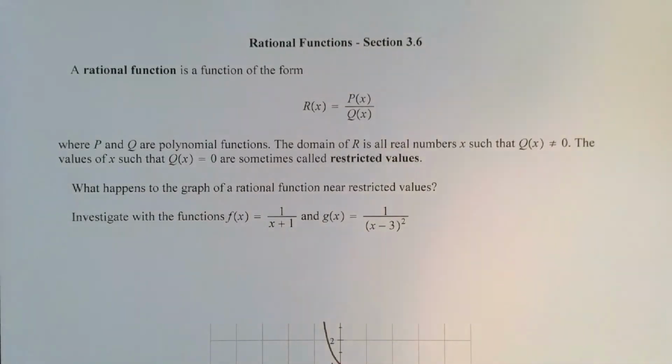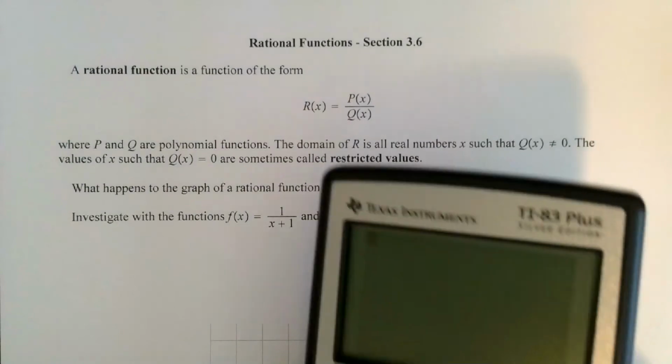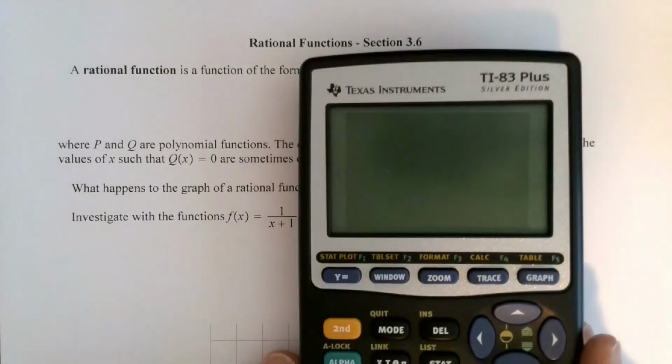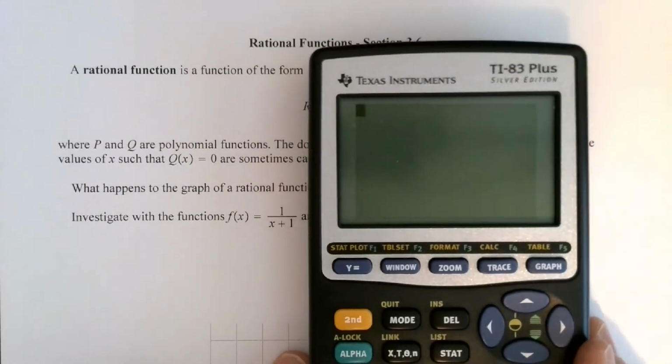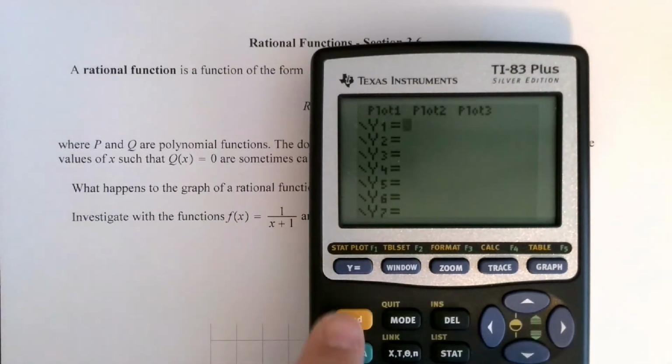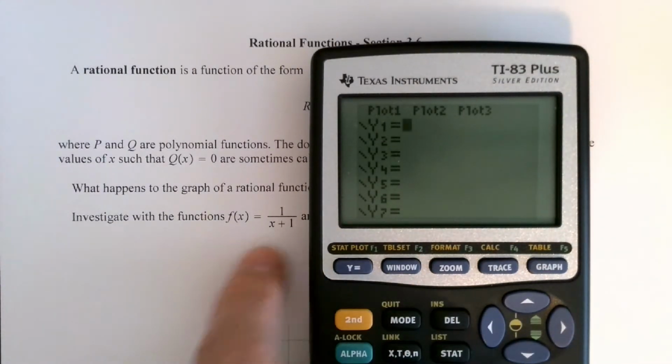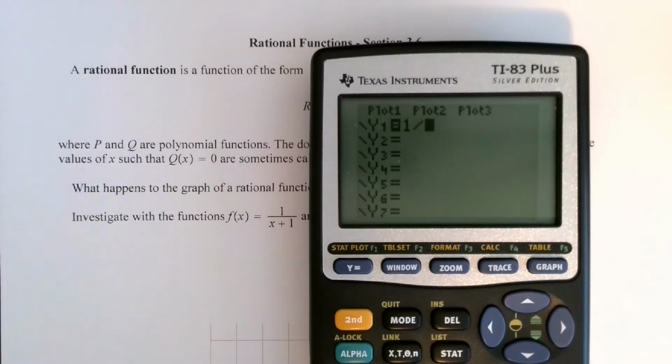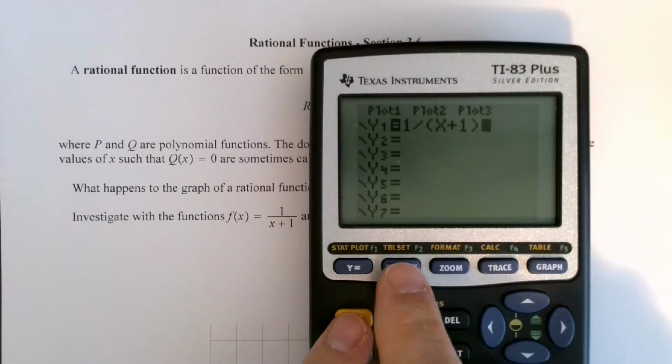So what I want to do is just, first of all, numerically look at this. I'm going to use a TI-83 calculator to look at this. If I go into the equation editor and type in this function, right? And let's just look at it from a table. I want to set up my table here. So TBL SET, I'm going to do that.